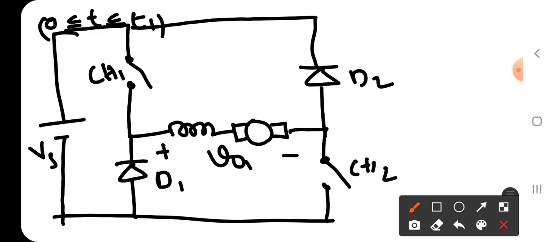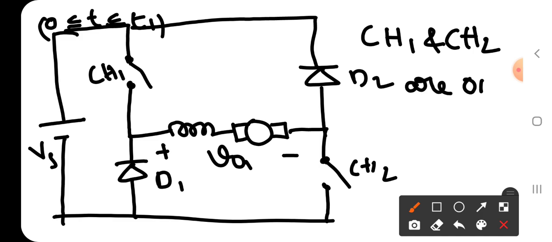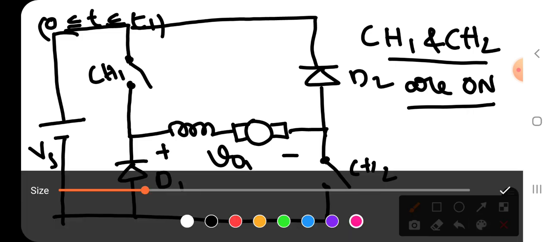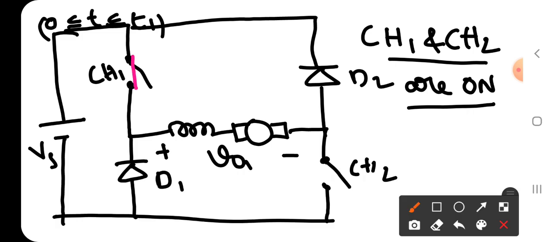When CH1 and CH2 are on, they act as short circuits, and D1 is reverse biased, so it is an open circuit, and D2 is also reverse biased, so it acts as an open circuit. That means no current flows through D1 and D2.